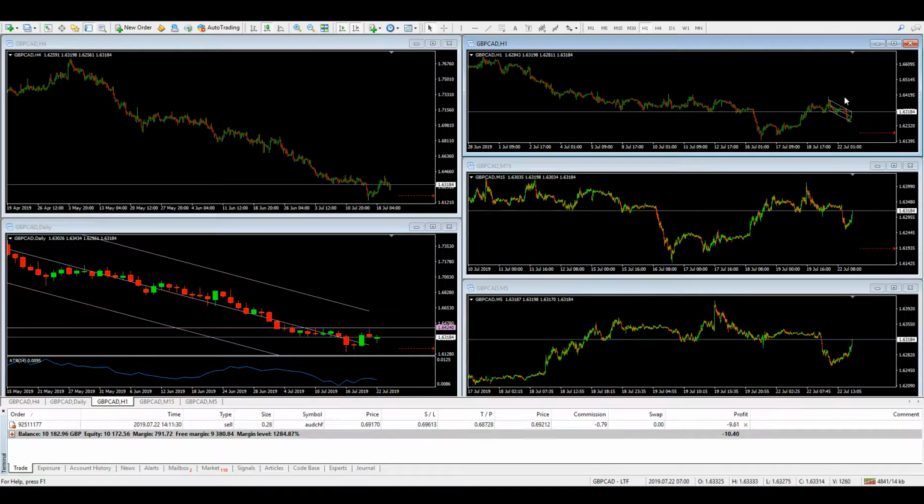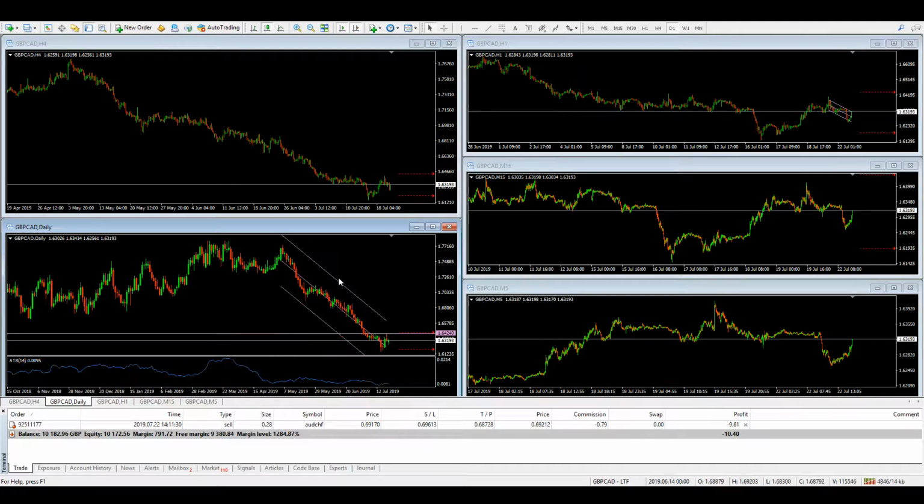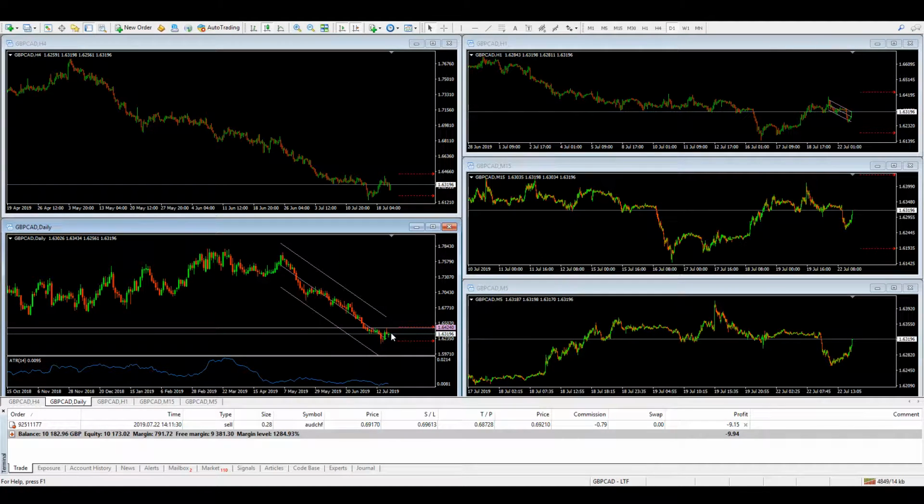All I'm doing here is a rough estimate of where my take profit and stop loss would be, just to see how the trade would stack. Assuming an entry around about here, it would mean a protective stop above here and a take profit here. I'm happy with that take profit level.